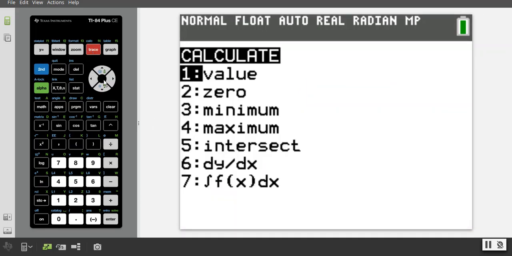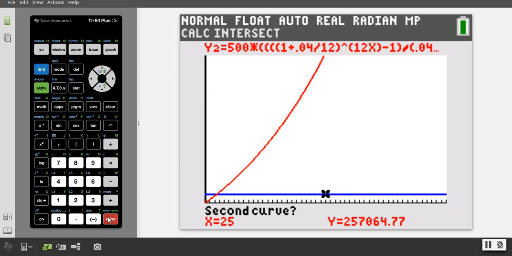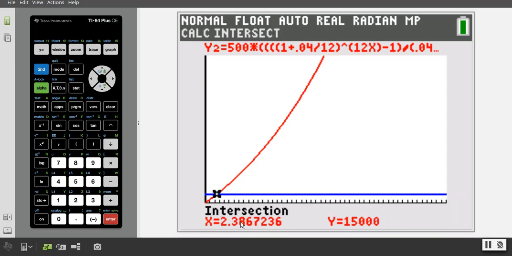So we'll just do second trace, intersect, enter, enter. And it looks like it's going to take less than 2 years. So that's like 2.4 years, sorry.